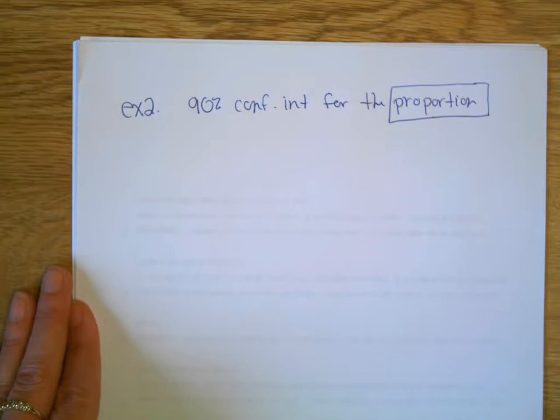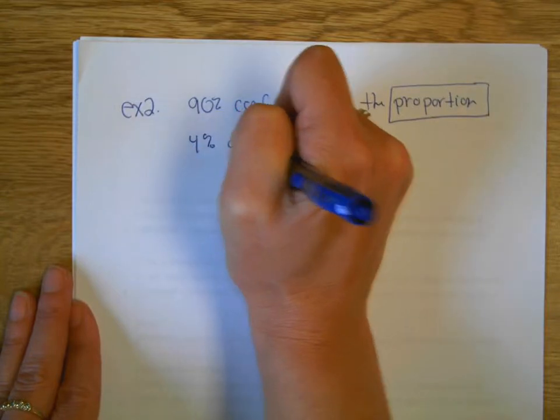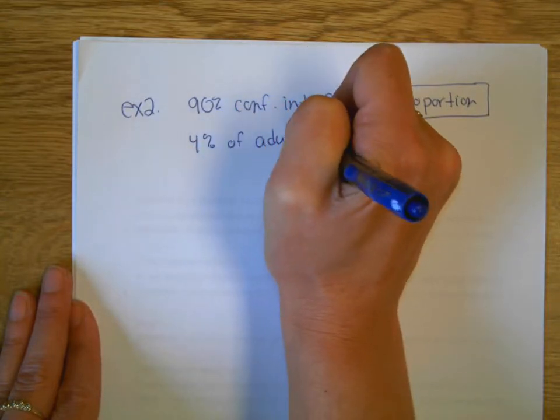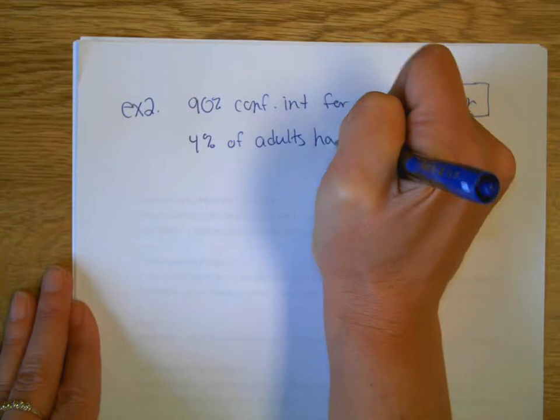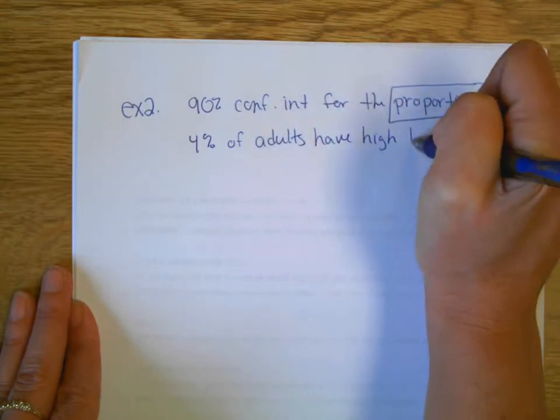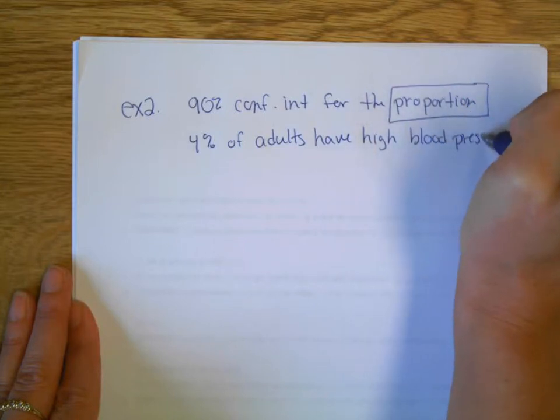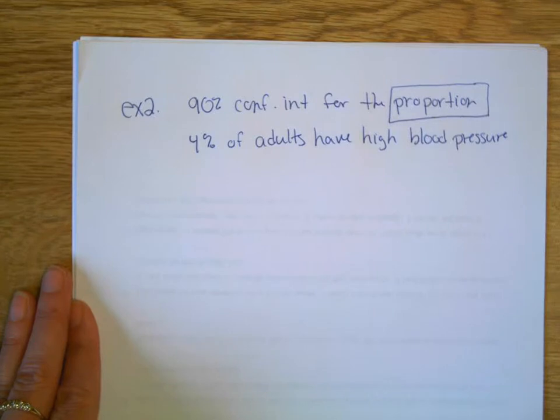In a previous survey, 4% of adults had high blood pressure. And this is just up to age 29. So these are young people with high blood pressure.